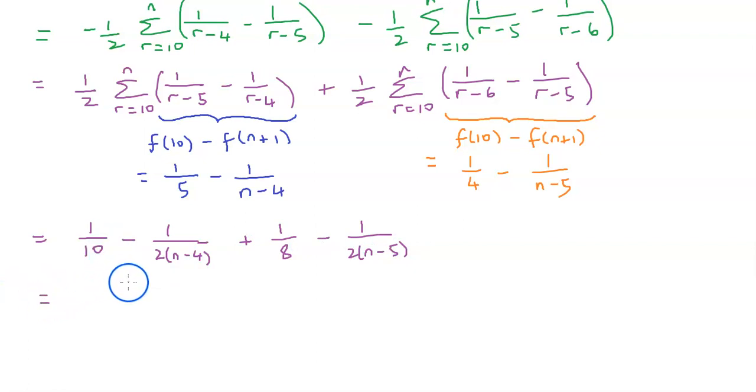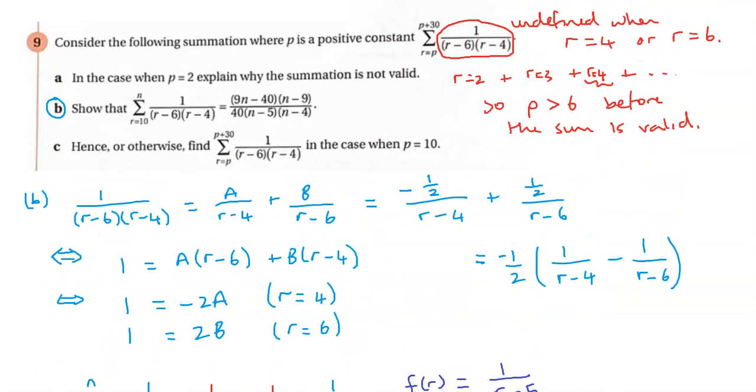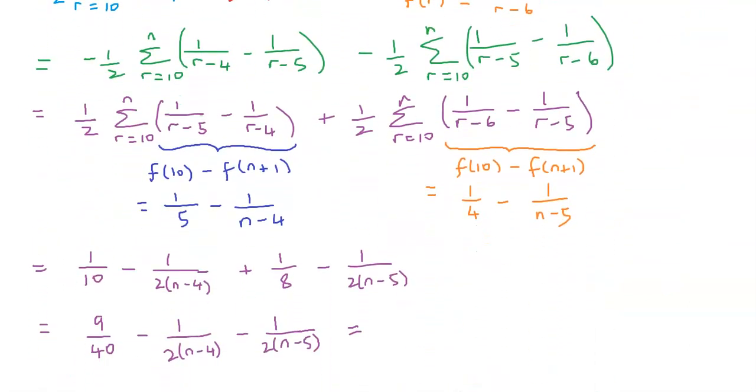So 1 over 10 plus 1 over 8 is 9 over 40. Okay, and then minus 1 over 2 times n minus 4, minus 1 over 2 times n minus 5, and we're supposed to simplify it to something. That thing there. Okay?